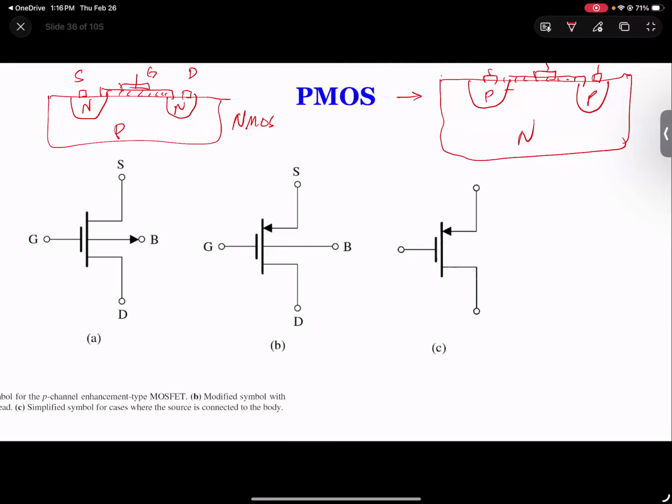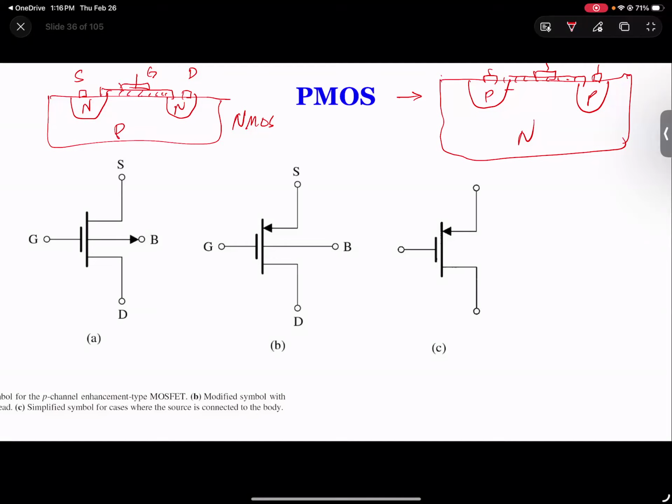That's how you build a PMOS. And then we also talked about CMOS, which is one NMOS on the side, and you build a PMOS. So for PMOS, the equivalent circuit is PNP. So it's PNP, and in the middle you get N between two P's.